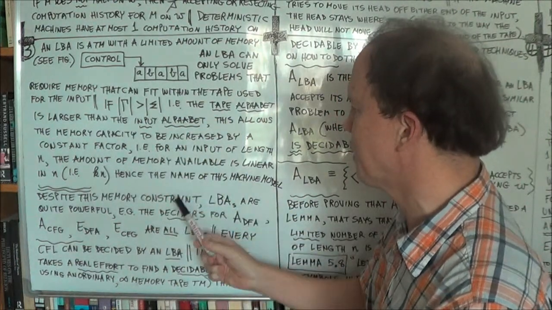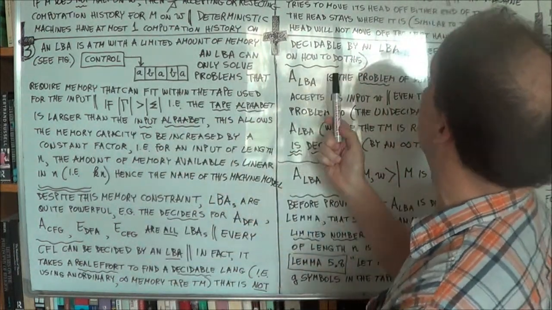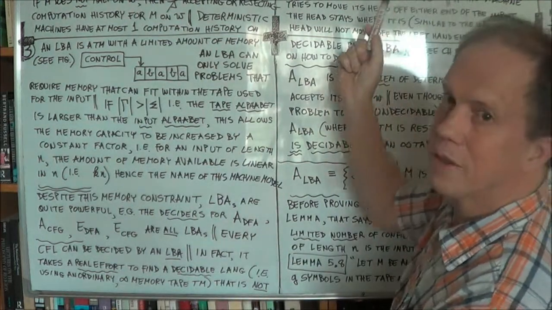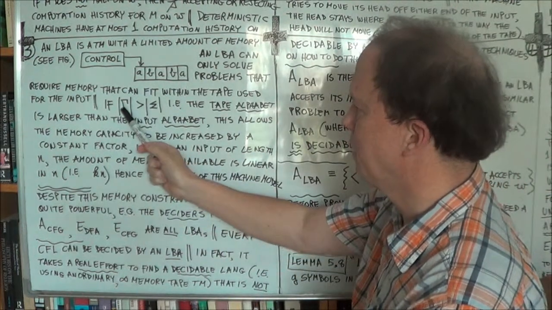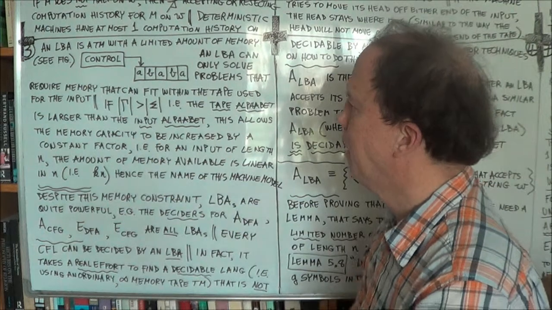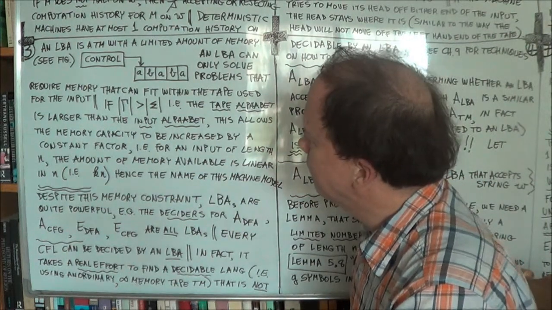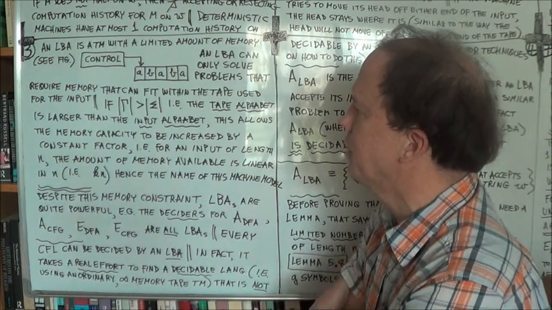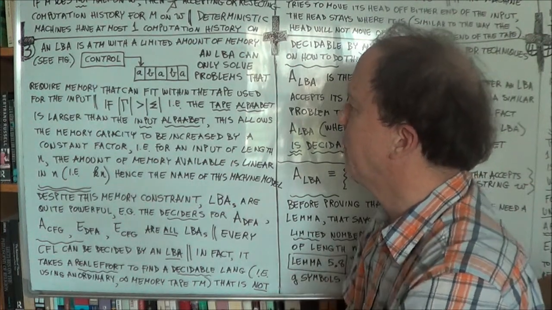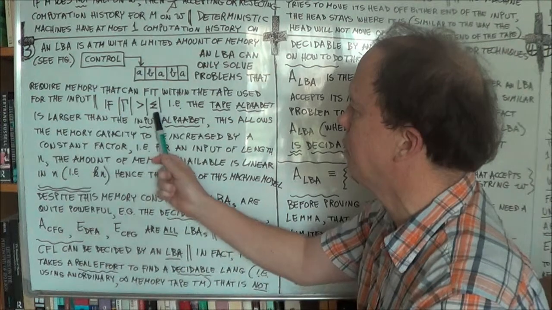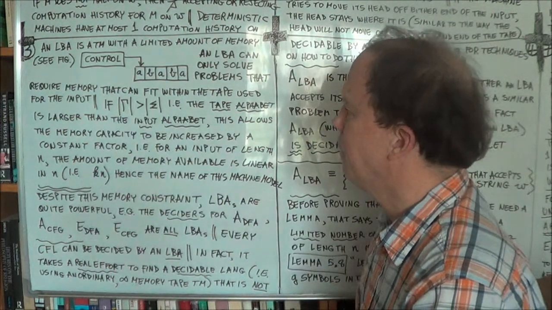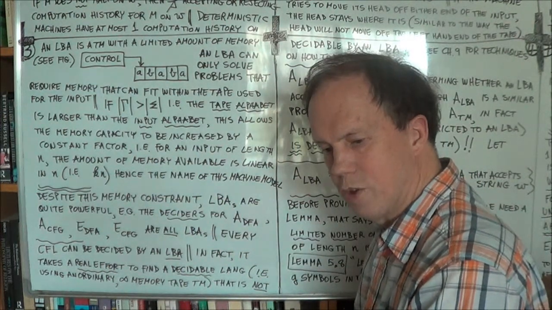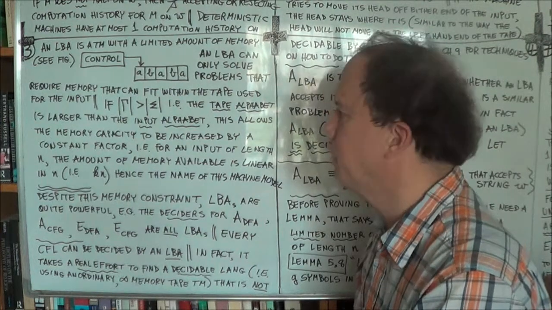And in fact that's why it's called a linear bounded automaton. Because by having a larger tape alphabet, you get a linear increase in the memory capacity compared to if you only had the input alphabet.